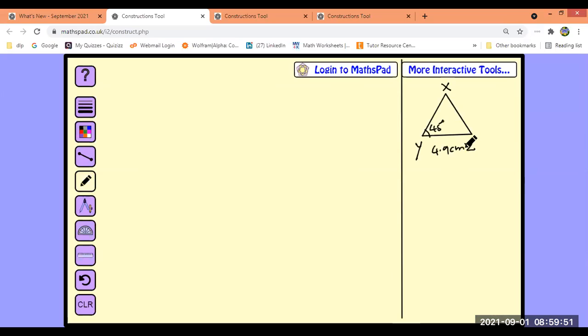And the sum given, XY plus XZ, is 10.3 centimeters. This is problem set 4, question number 1.